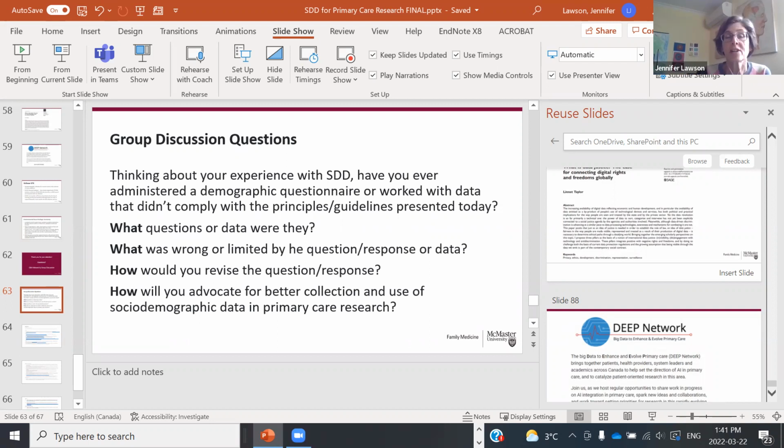What questions or data were they that were called into question? And what was wrong or limited by the question, response, or the data? And how would you revise the question or the response? And finally, how would you advocate for better collection and use of socio-demographic data in primary care research?